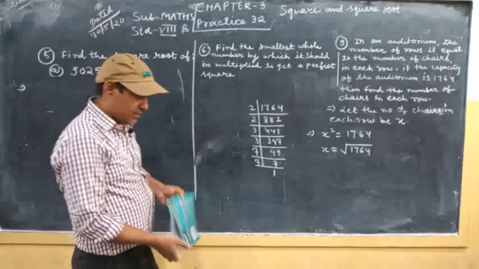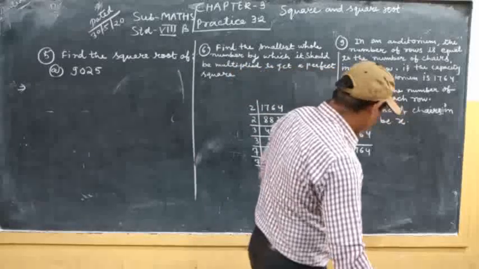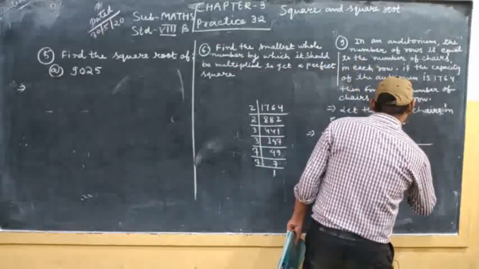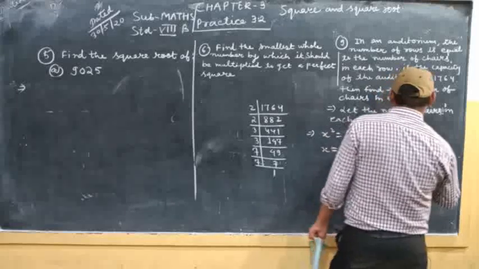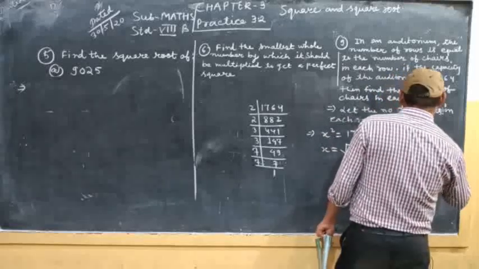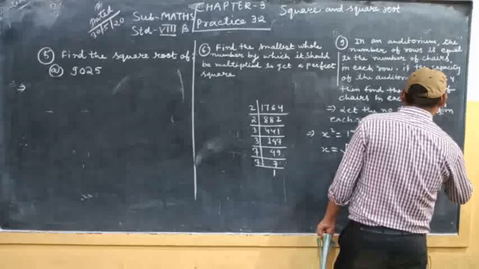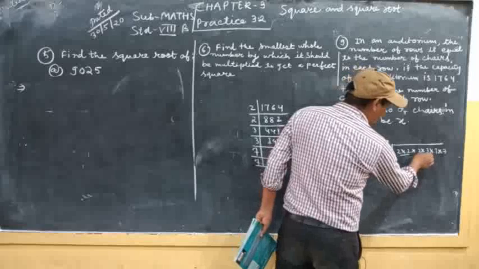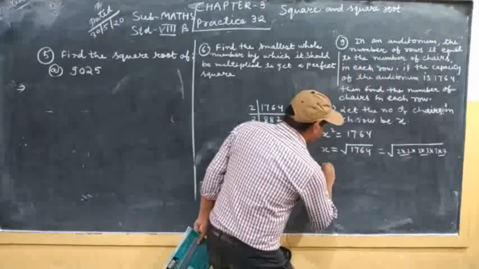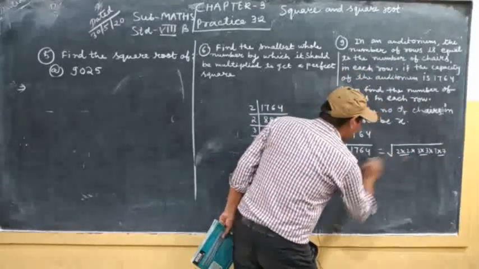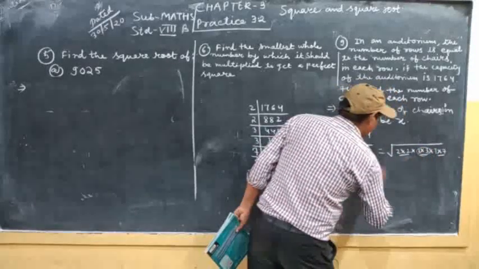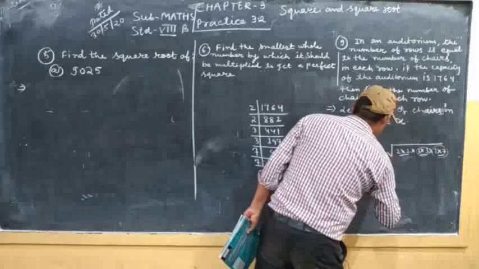So we just write here x is equal to under root 2 into 2, 3 into 3, 7 into 7. And we just pair off these numbers. Now x is equal to 2 into 3 into 7.